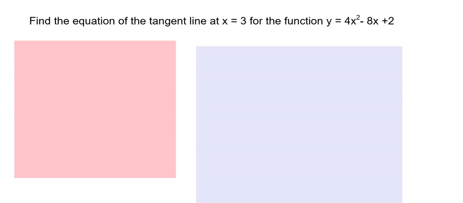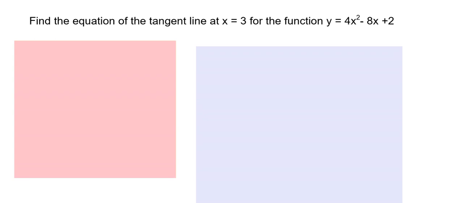All right, find the equation of the tangent line at x equals 3 for the function y. Okay, so what is this asking us to do? It's giving us a function. It's asking us to take the derivative, which gives us the rule that we use to find the slope at certain x's.